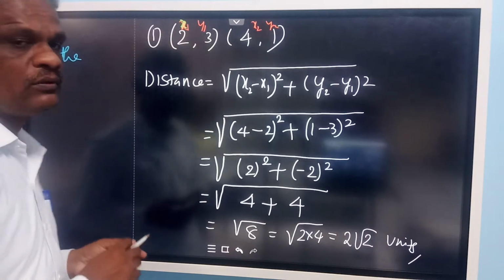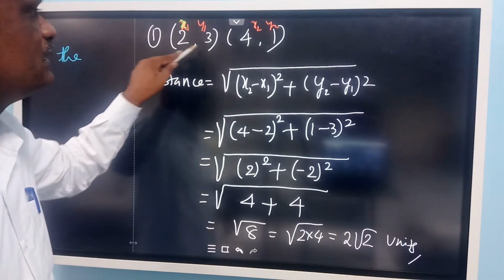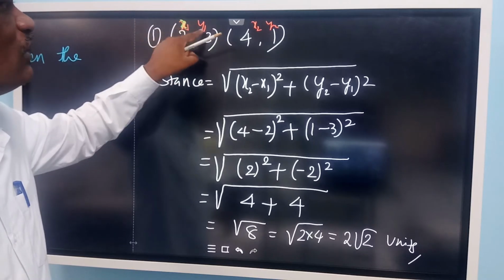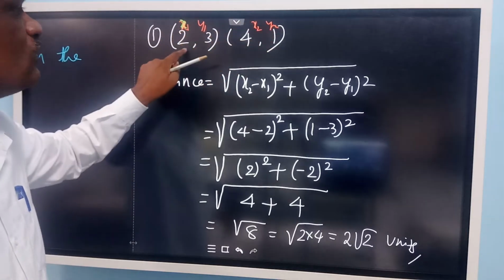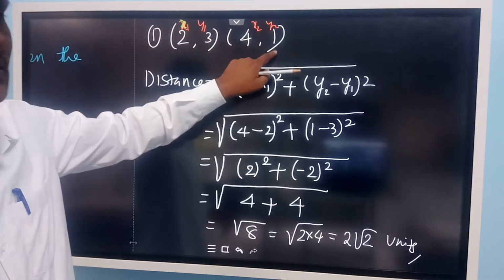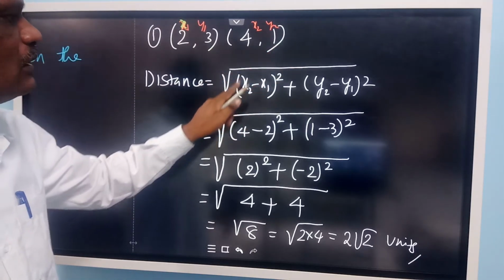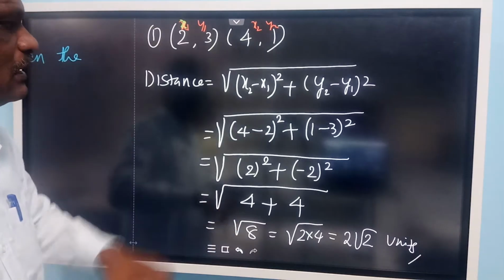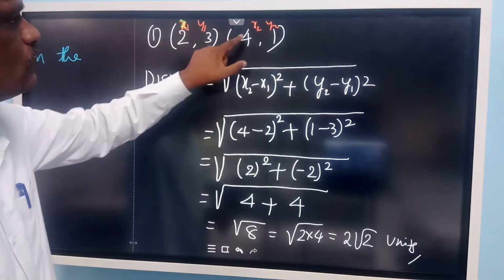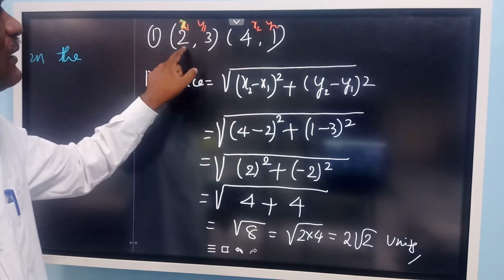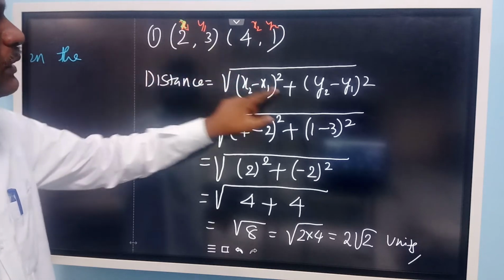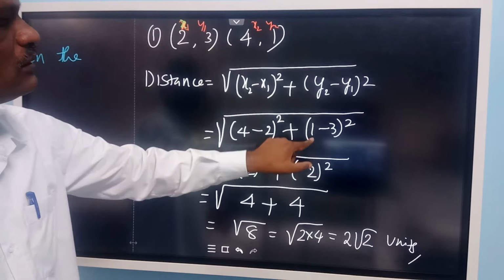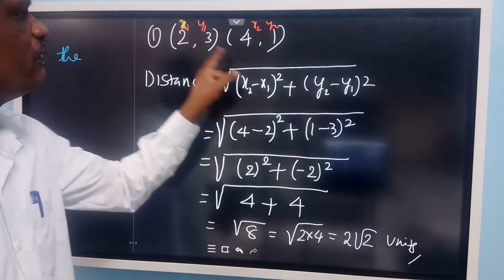Is it clear to all of you? You have to select the 2 points which are given, 2, 3, 4, 1, and over that you write x1, y1, x2, y2. This is x coordinate, y coordinate, x coordinate, y coordinate. And the formula says root of x2 minus x1 whole square plus y2 minus y1 whole square. Substitute here x2, that is 4, minus as it is, and x1 is 2, plus y2, here it is 1, minus as it is, y1 is 3.